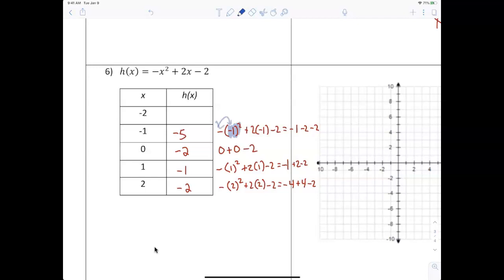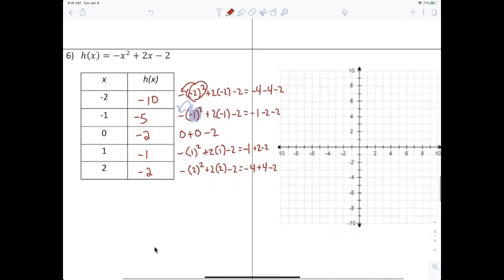Now let's go with negative 2. So we go negative 2 squared plus 2 times negative 2 minus 2. So that would be 4, and then the negative. So negative 4 minus 4 minus 2. So that looks like negative 10.